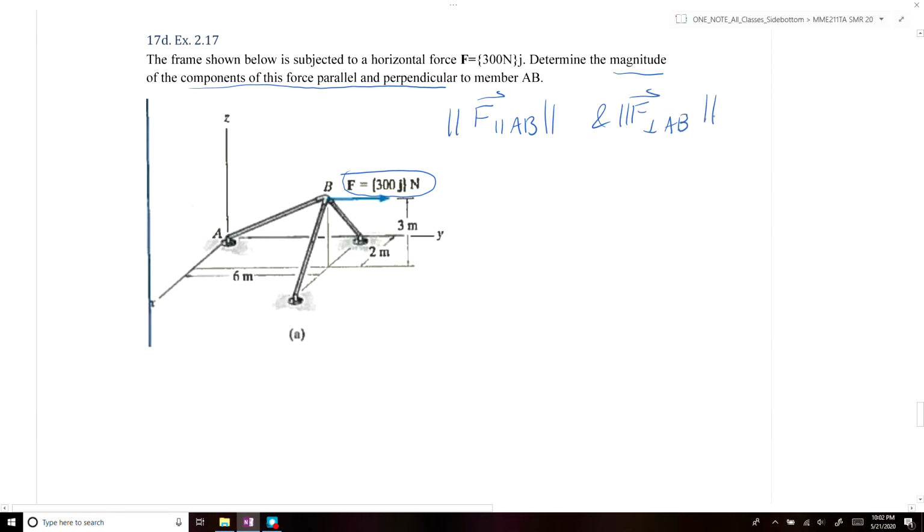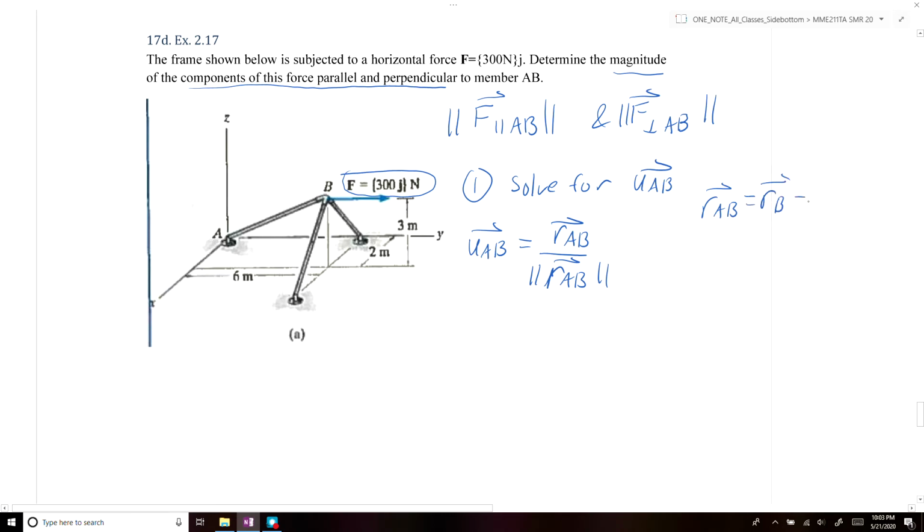Okay. So to do this, we're going to use the dot product. The first thing we need to do is solve for UAB. UAB we know is equal to RAB divided by the length of RAB. We know that RAB is equal to RB minus RA.